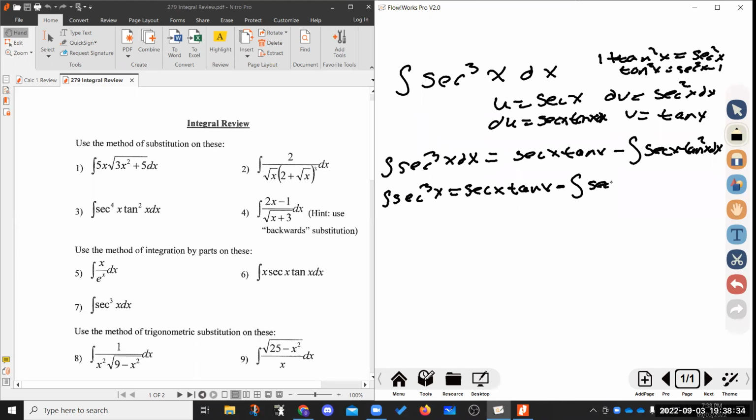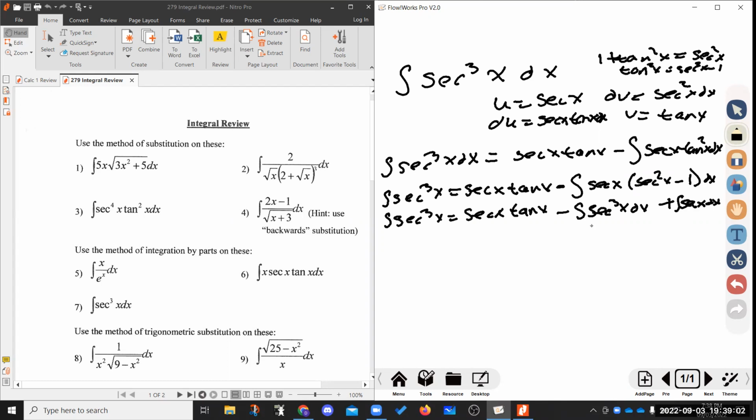This is secant times secant squared minus 1. So this is going to be secant tangent minus secant cubed plus, because there's a negative negative, plus secant, like that.